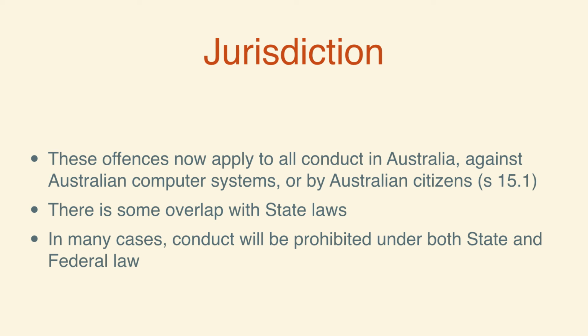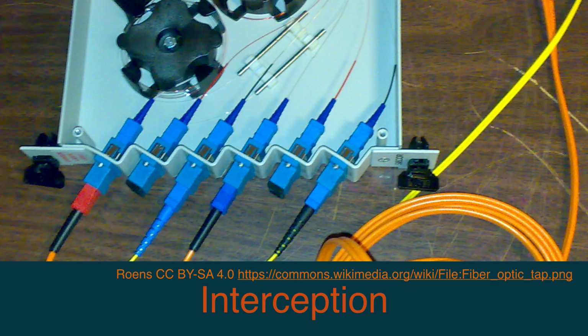The legislation was accordingly amended and now applies to all conduct in Australia or conduct against Australian computer systems where the attacker is overseas, or where the attacker is an Australian citizen or an Australian entity or corporation. This means that there is now some overlap with state laws, where conduct will be prohibited under both state and federal law. There is a savings provision in the law, which means that state law will still apply if conduct is not unlawful under federal law.